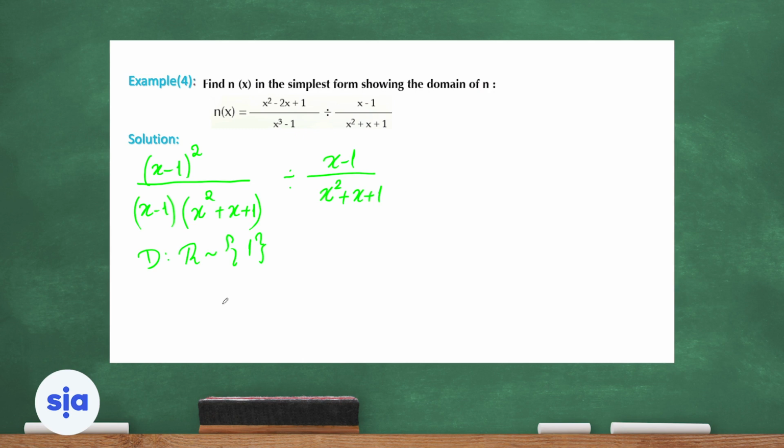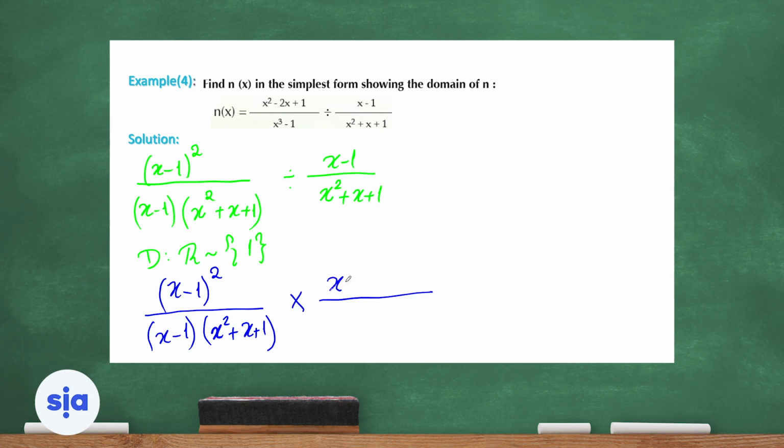Let's now go and simplify. Keep the first fraction as it is. Change the division sign into a multiplication sign and then flip the second fraction.